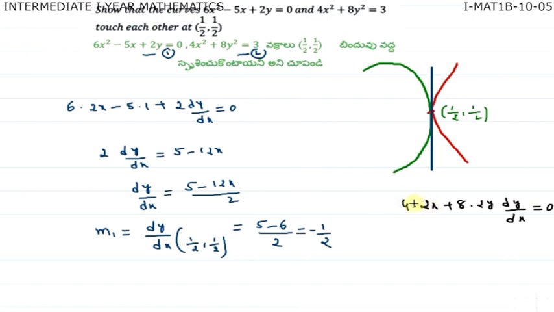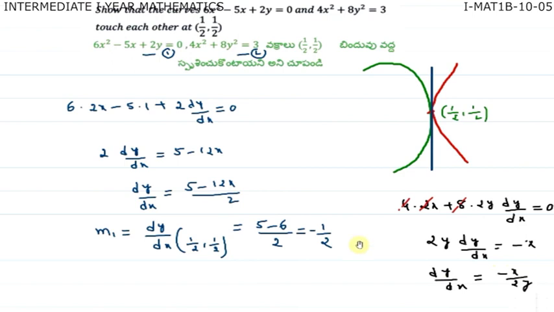Overall I can cancel 8 here. 4 into 2, 8. 8 gets cancelled. Now 2y into dy by dx is equal to, I get minus x. Dy by dx is equal to minus x by 2y.